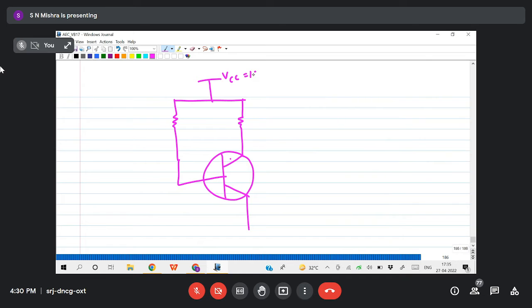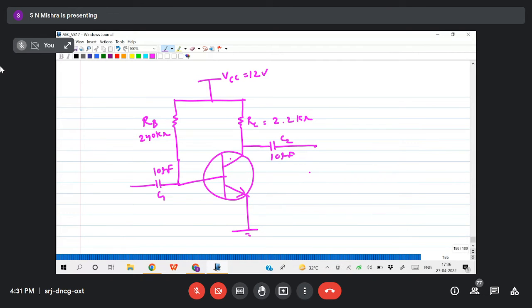VCC 12 volt, RC 2.2 kilo ohm, RB 240 kilo ohm, then C2 10 microfarad, and here C1 10 microfarad.